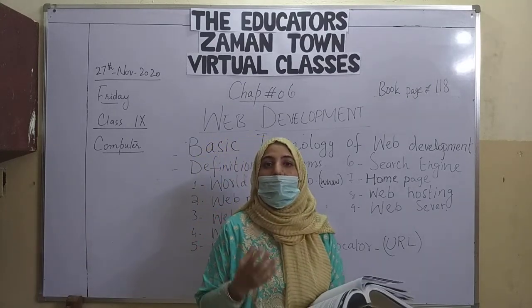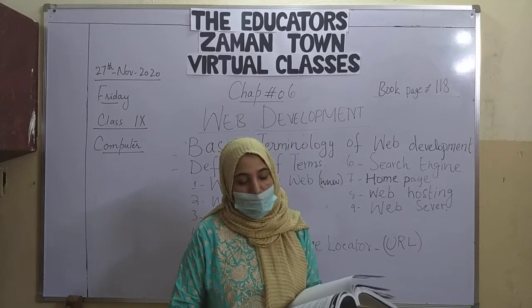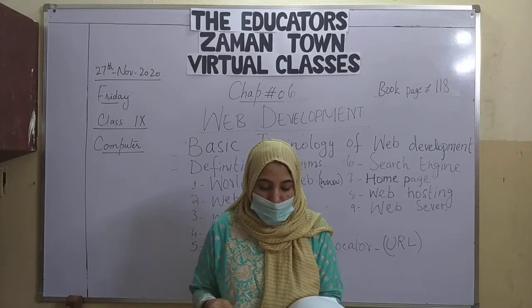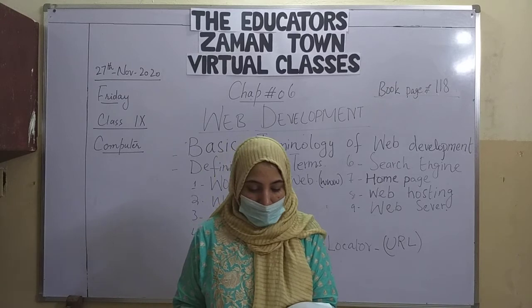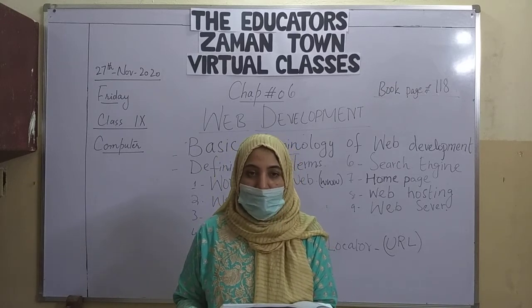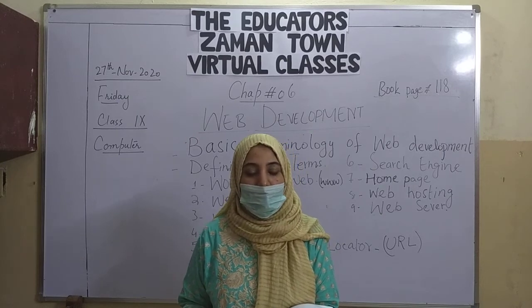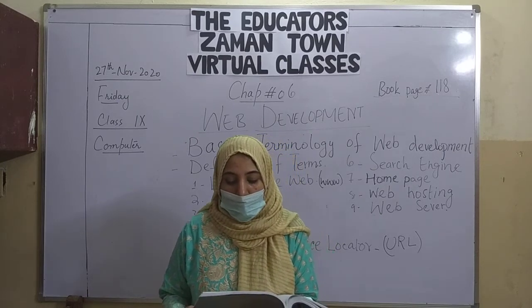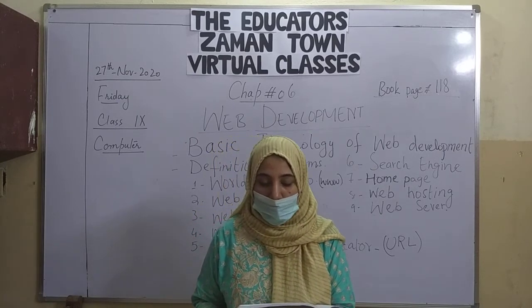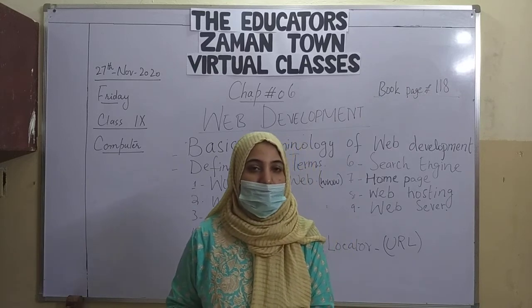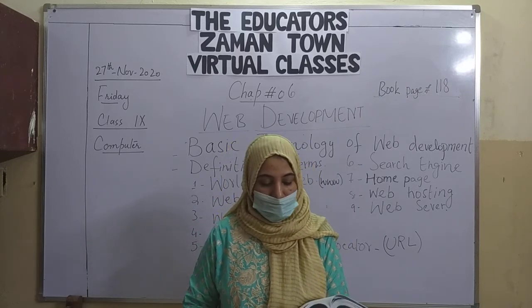You can search anything on Google. Google helps you with searching. A search engine is a web-based tool that enables a user to locate information on the web. The most popular search engines are Google, Yahoo and Bing. These are the search engines.